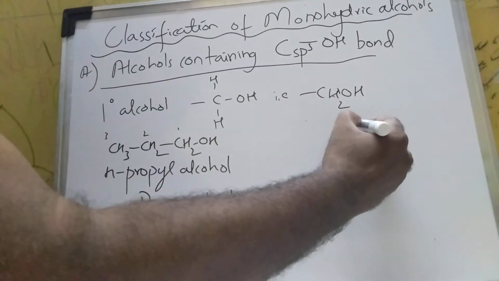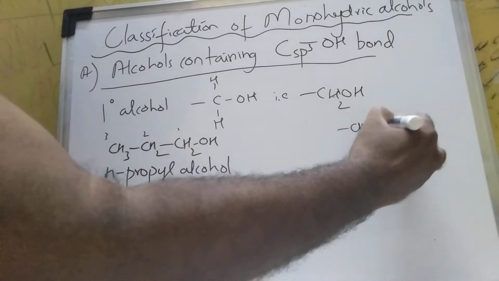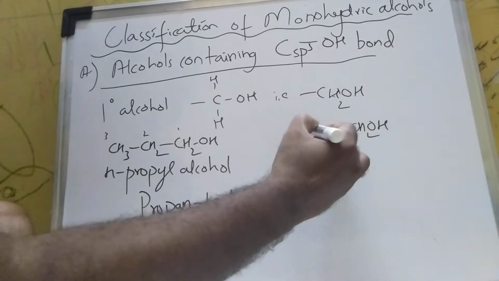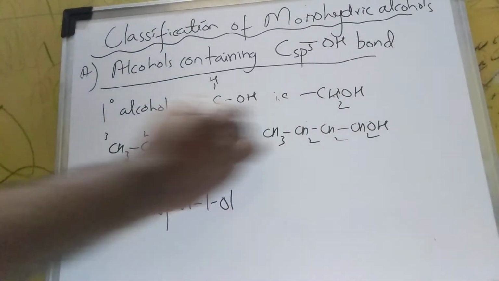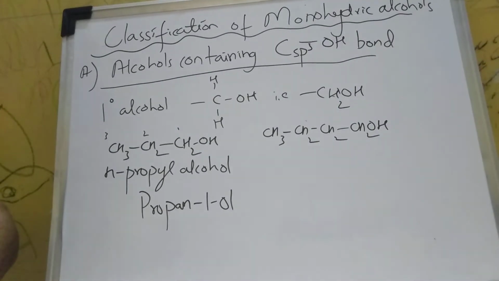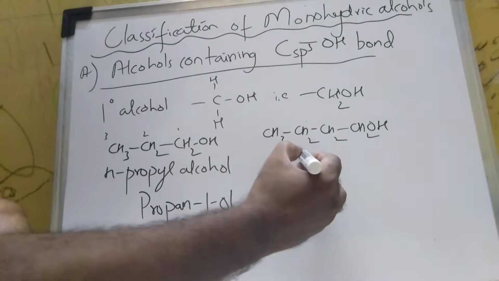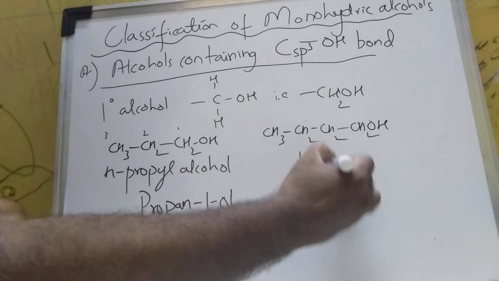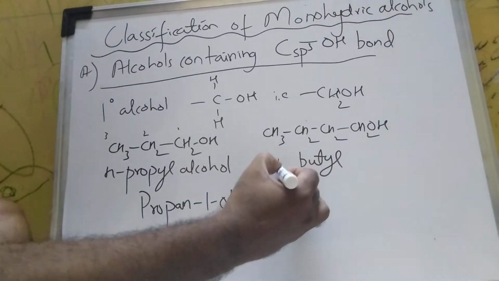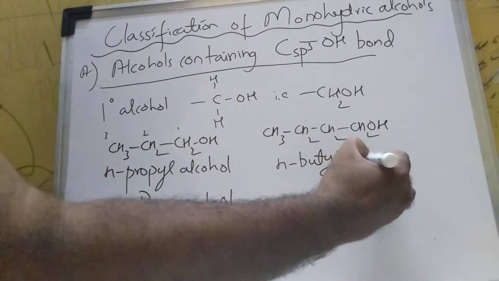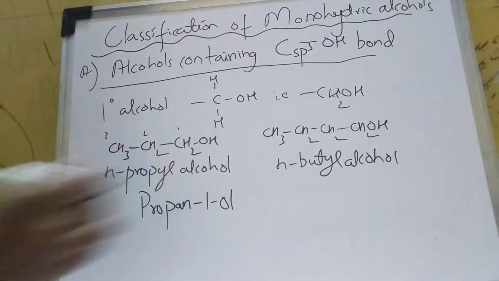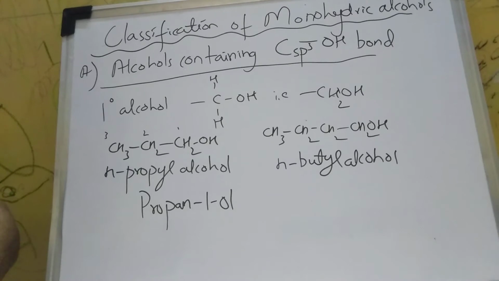next 4 carbon atoms, CH2OH, CH2, CH2, CH3. 4 carbon atoms is butyl. All the 4 are in a straight chain, n-butyl, and OH will be alcohol, n-butyl alcohol.